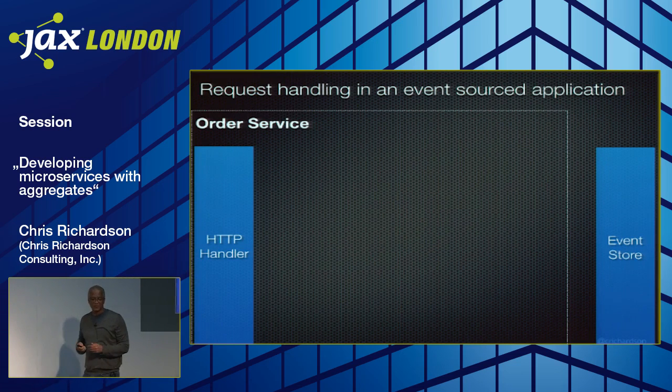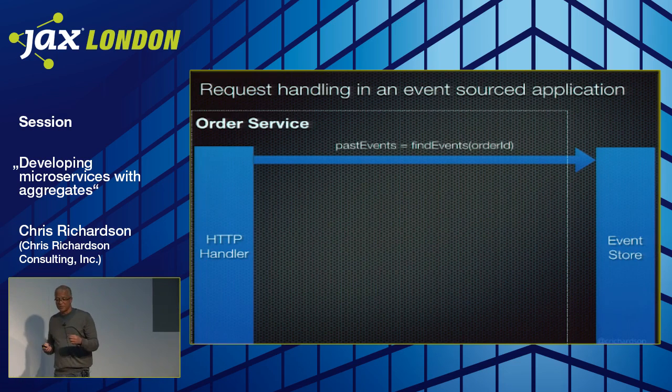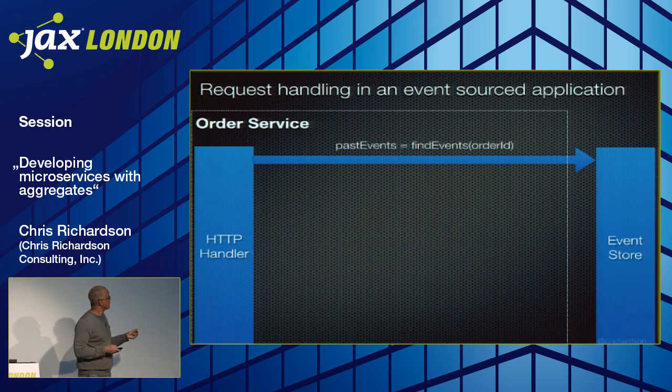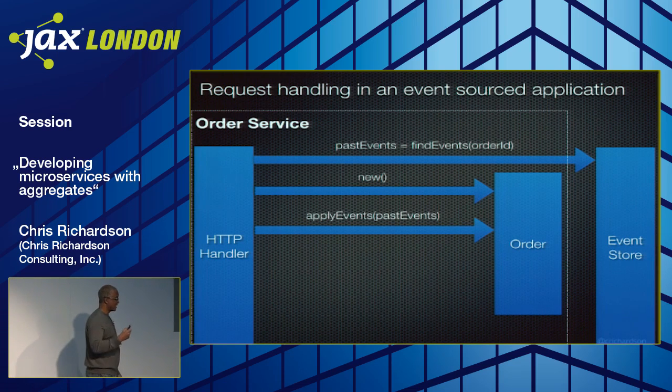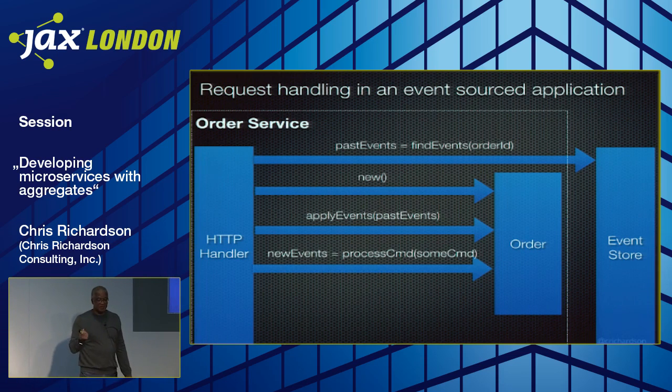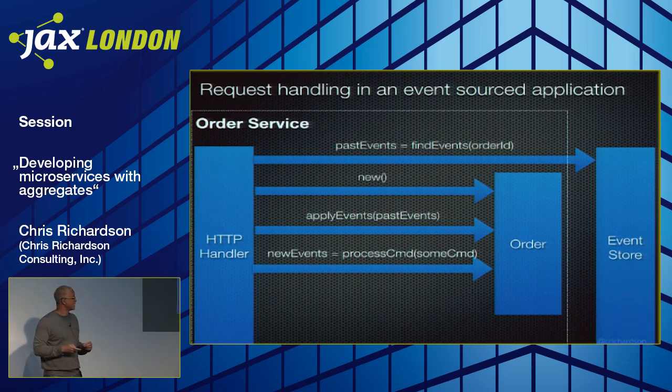And then if you look at how requests are handled in this system, a request comes in to update an order. First thing you're going to do is load the order's events from the event store. You then instantiate a new order object using its default constructor. You then replay the events by applying them to the order. You process the command, which represents the request, like in this case, reserve credit.